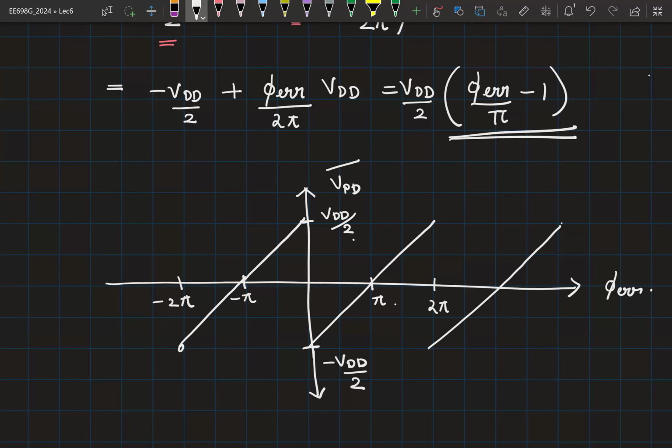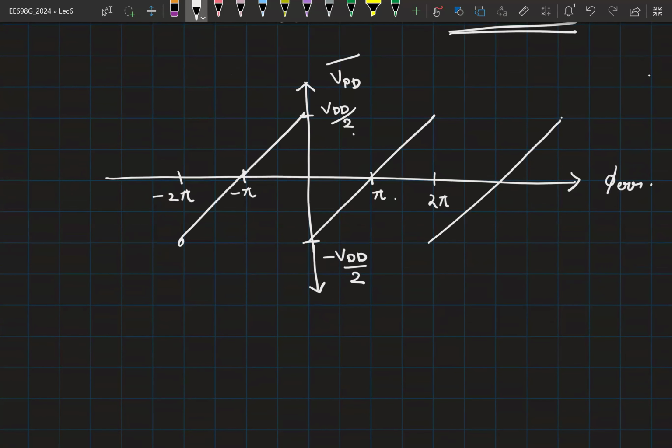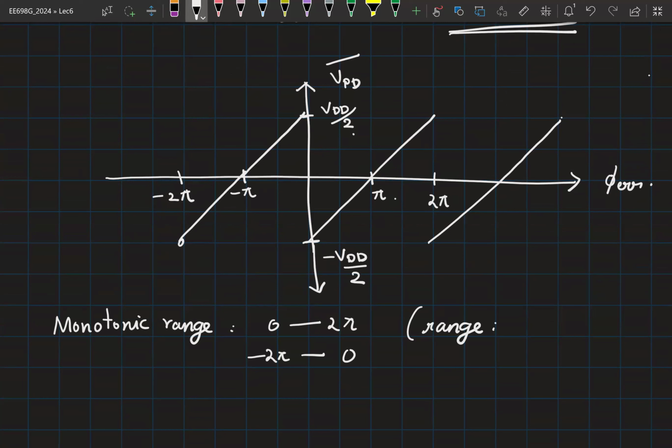So what is the monotonic range for this? You can either choose from 0 to 2 pi or from minus 2 pi to 0, but the range is 2 pi now. The problem is, as long as you don't operate, let's say from minus pi to pi, then you are okay. Right?